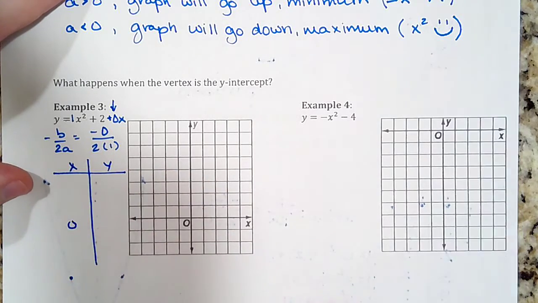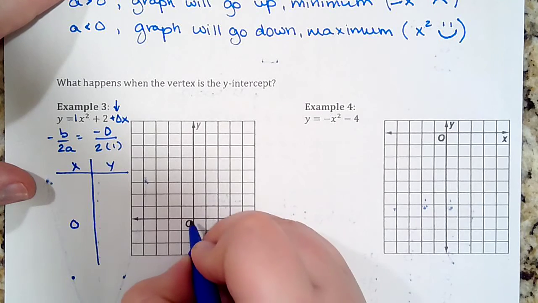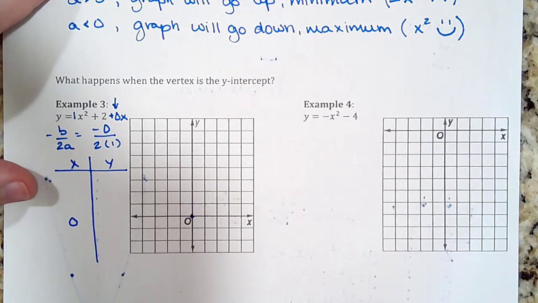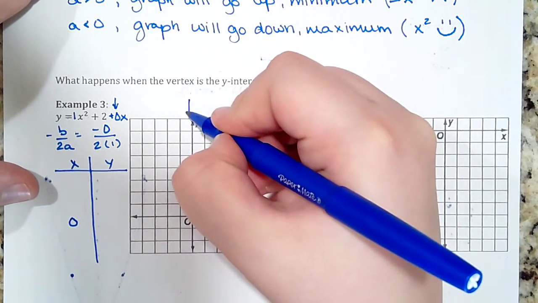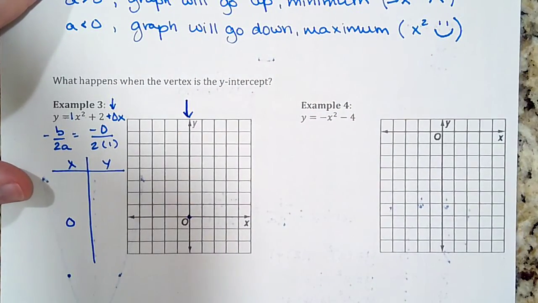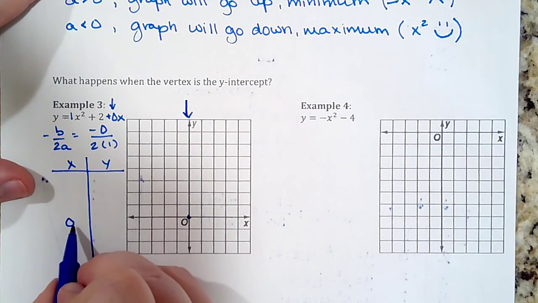So my vertex is at 0. Well, what does that mean? All it means is that it's on the y-axis. Instead of being left or right, it's right on that middle line, and my axis of symmetry is going to be my y-axis. So let's plug this in quick.